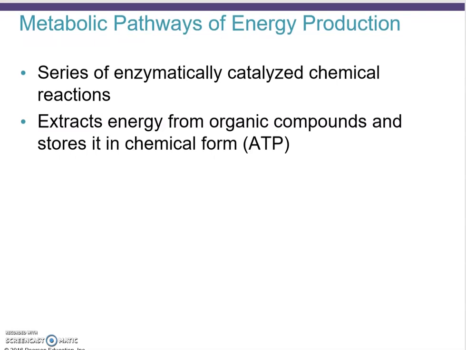They involve these whole enzymatically catalyzed pathways that ultimately lead to the production of ATP. They typically take energy from organic compounds by removing the hydrogens and then running these electron transport chains to convert the energy in the form of ATP, cellular energy.